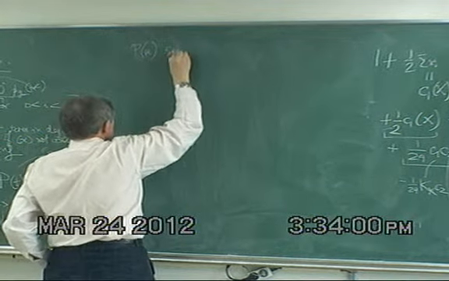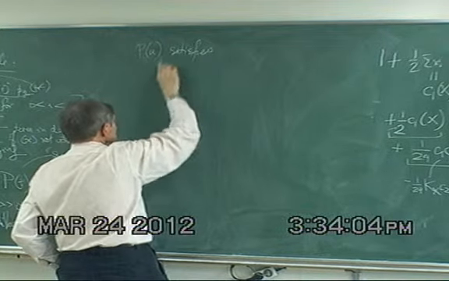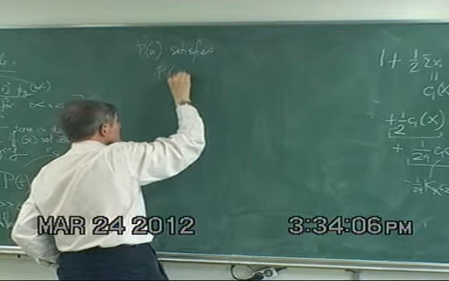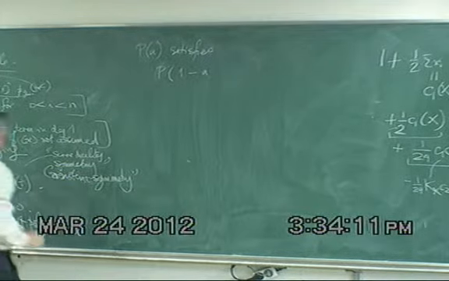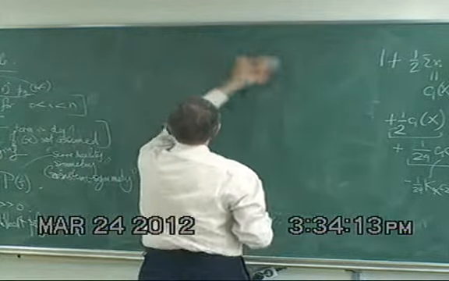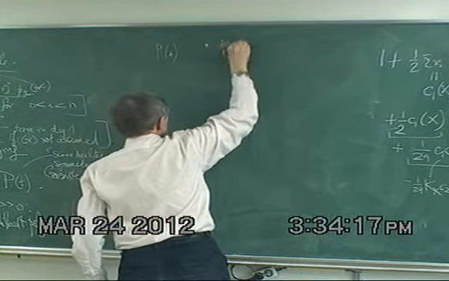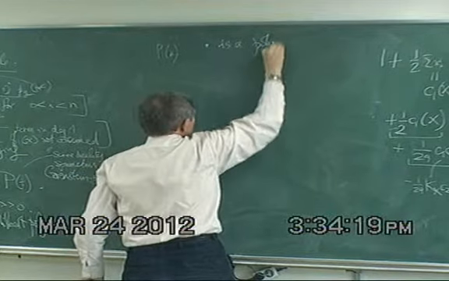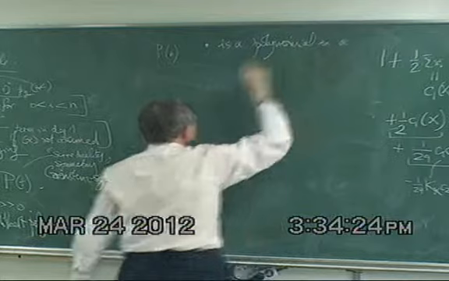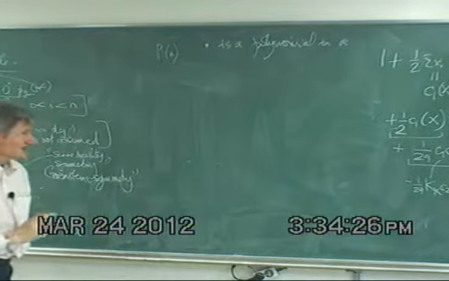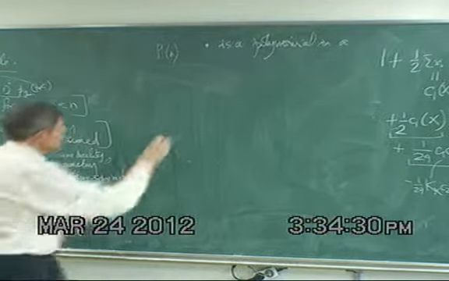So this P of A satisfies, let me say an even more basic property. P of A is a polynomial in A with certain coefficients. The coefficients are rational numbers in general.